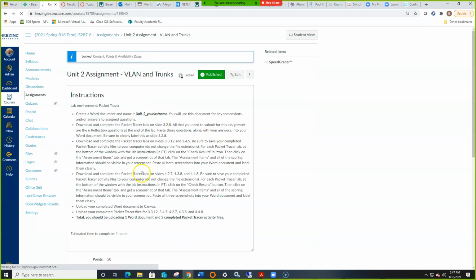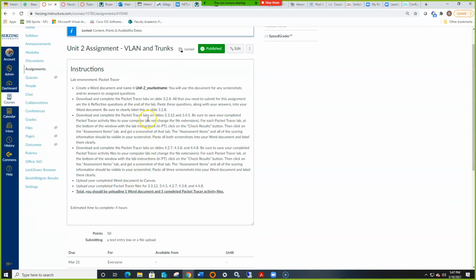For your Unit 2 assignment, which is on VLANs, you're going to have, what do we have, 1, 2, 3, 4, 5, 6, I believe it's 6 different labs that you're going to complete this week, and by completing all those labs, you'll learn everything you need to know about configuring VLANs and trunk lines and all that sort of thing.